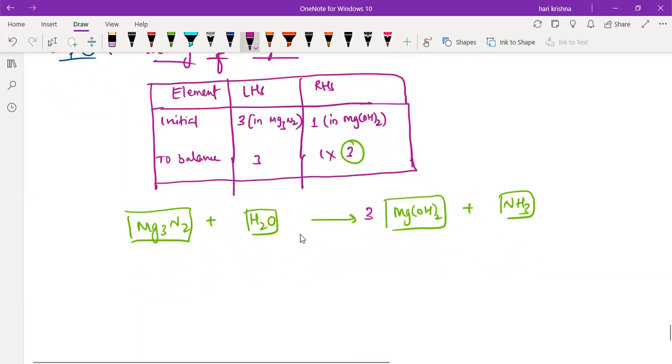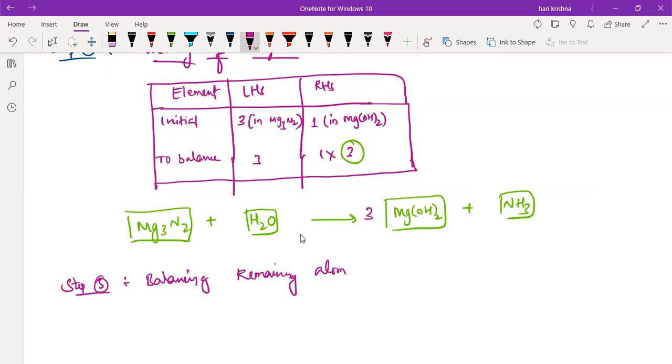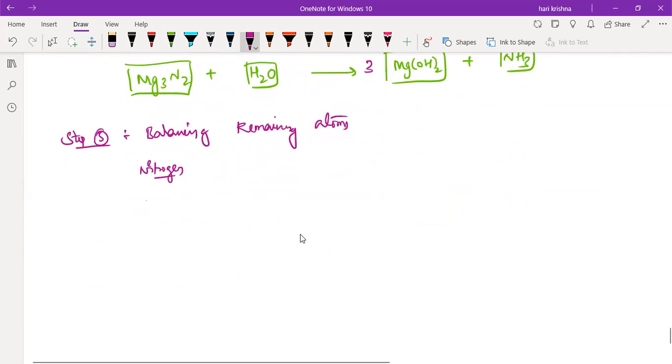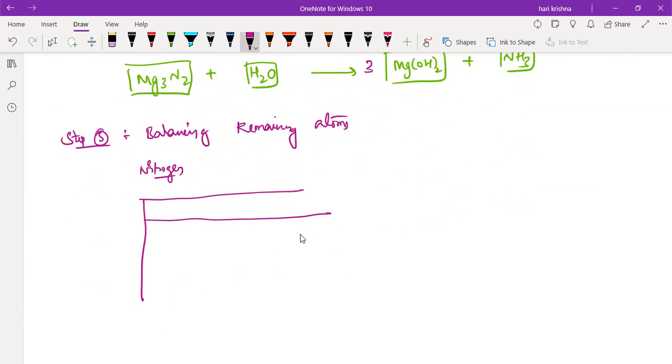Now magnesium is balanced. Next, what will we balance in step number 5? Balance the remaining atoms. So first we'll go for nitrogen. Again, we have to make the box. This is the time-consuming process in the exam.